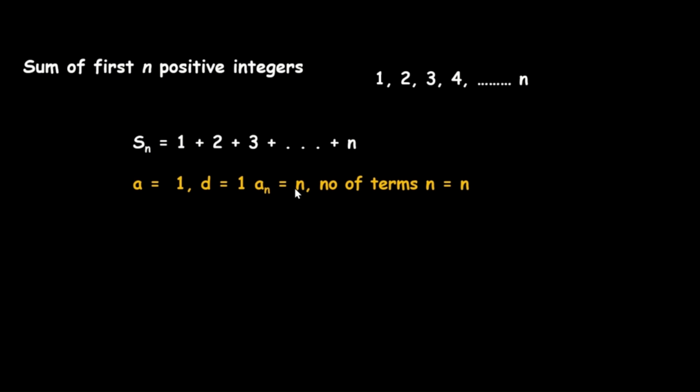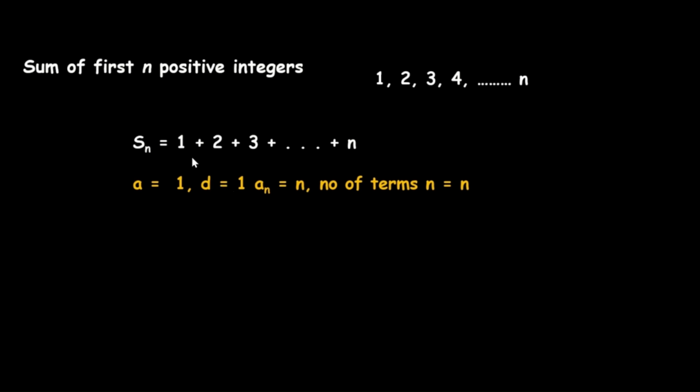It may be slightly confusing, but let's try to understand with an example. Let's take n as 50. That means that we are taking first 50 positive integers. So the numbers would be 1, 2, 3, 4 up to n, which is 50 here. So the nth term is also n only, because we are starting from 1 and d is also 1.